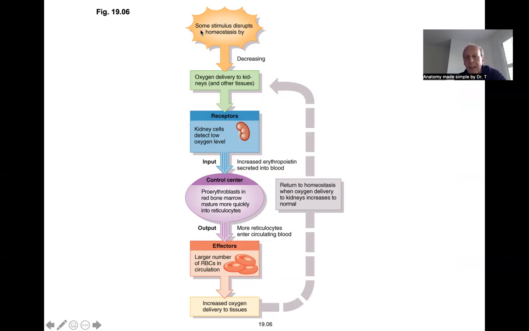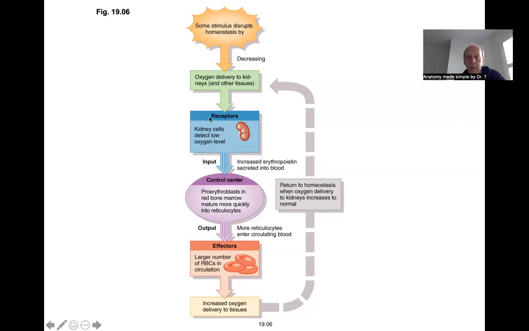The stimulus could be a person who sustained a massive external hemorrhage due to an accident, or any other condition that would result in less than needed oxygen being delivered to tissues, but in particular kidneys, because they are the organ that responds to this.